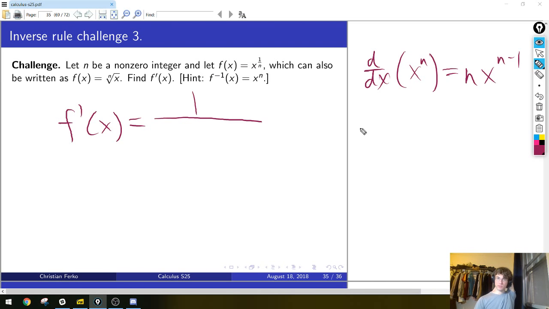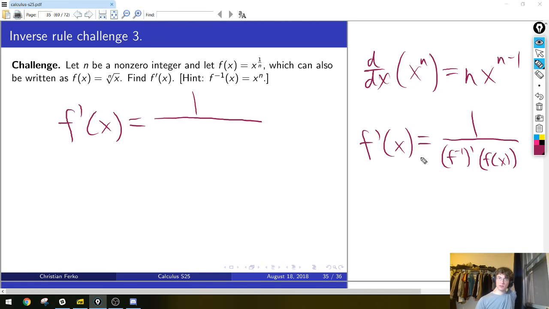So if we take the inverse function rule and just swap everywhere f with f inverse, then we get f prime of x is 1 over f inverse prime applied to f of x. Same thing, just replace the f's and f inverses.